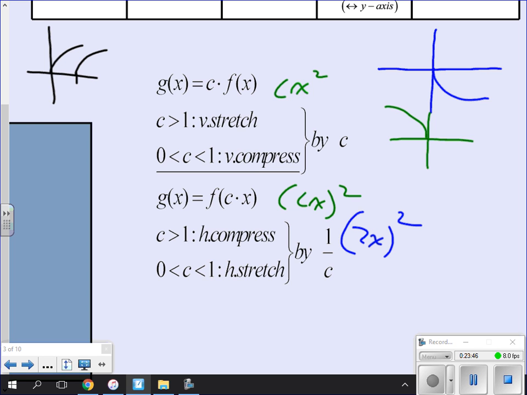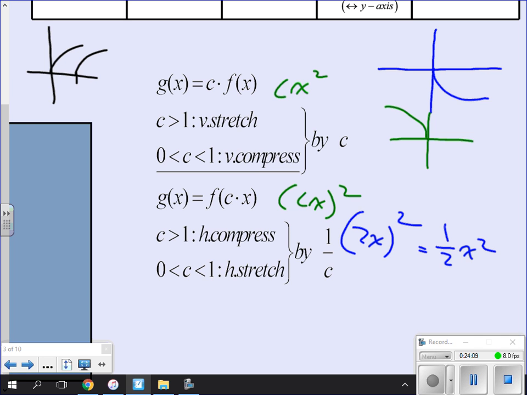What they're saying is essentially this is the equivalent of that when you're looking at your stretching and your compression. If it's inside, it's a compression the same as if it was 1 over that on the outside.